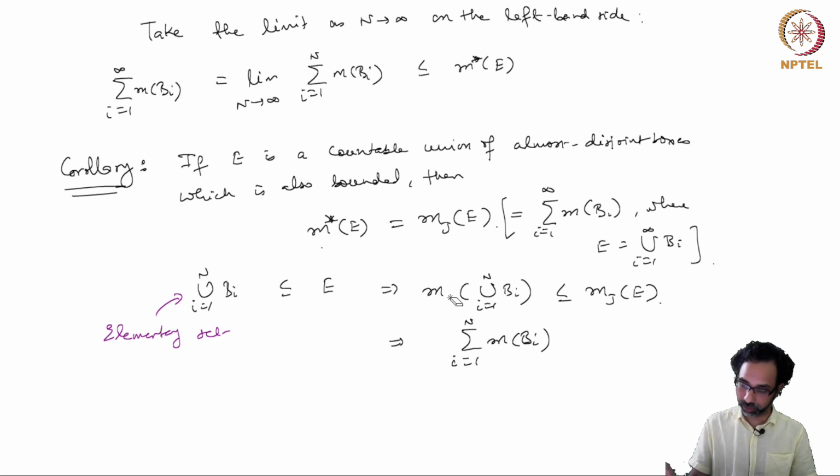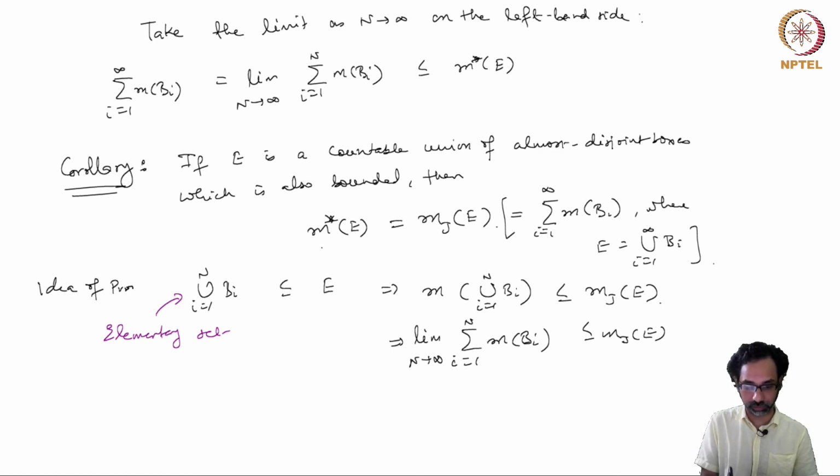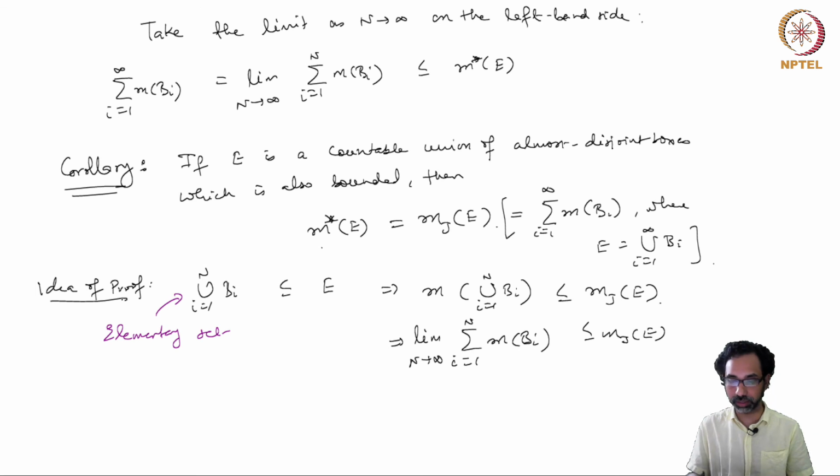So we can remove the inner Jordan measure, it's just the elementary measure, and this is bounded above by E, and then again you can take the limit as n goes to infinity. So this is the idea of the proof, which is essentially the same as the lemma before. So we see that the inner Jordan measure for a countable union of almost disjoint boxes which is bounded is then equal to the Lebesgue outer measure.